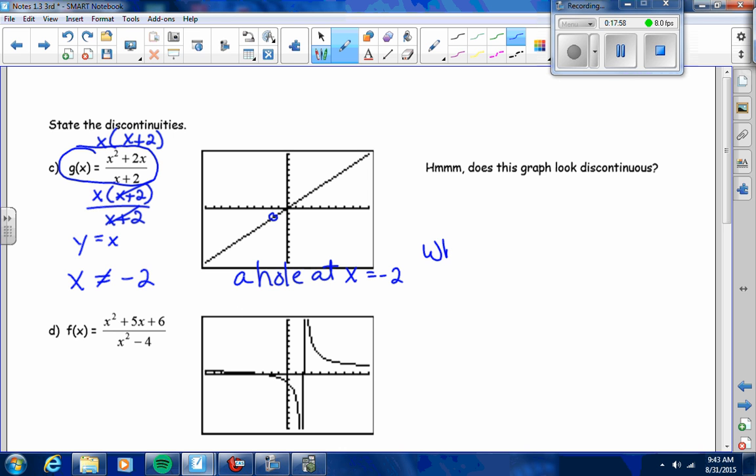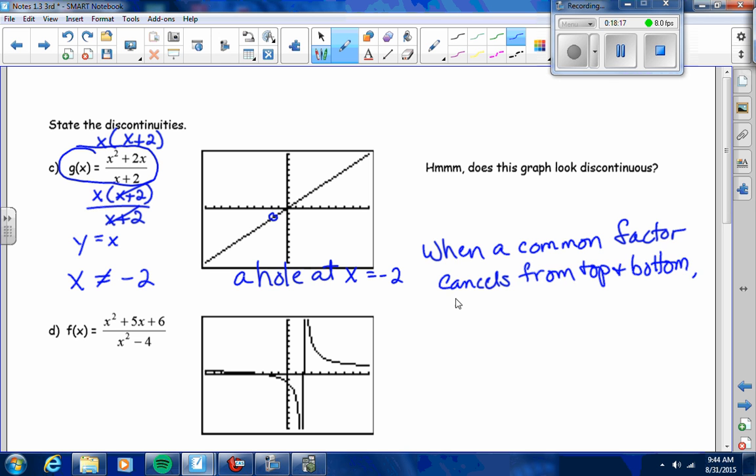So when a common factor cancels from top and bottom, it produces a hole at that spot.